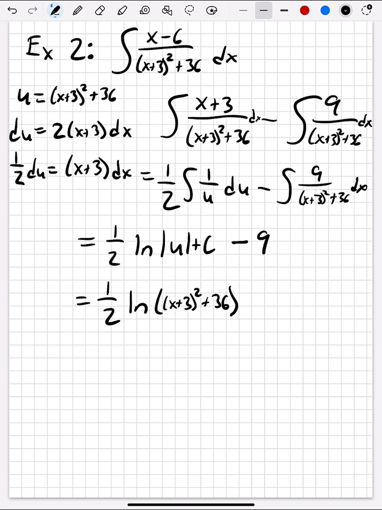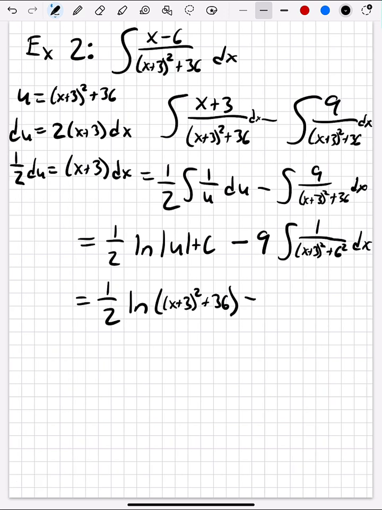And I can say this is 1 over (x plus 3) squared plus 6 squared. Notice I rewrote the 36 as 6 squared. I don't have to do any u-du substitutions here because it's already in the form where all I have to do is write down my inverse tangent integral again.